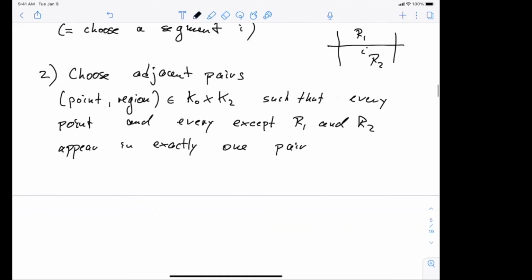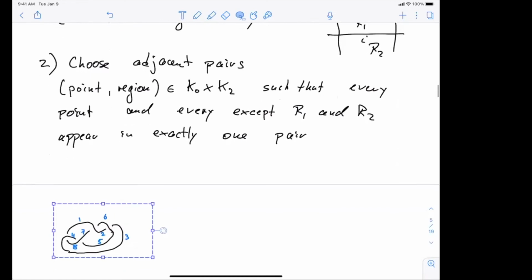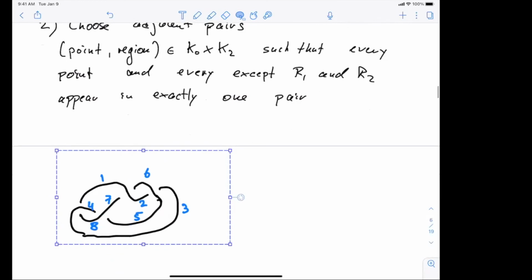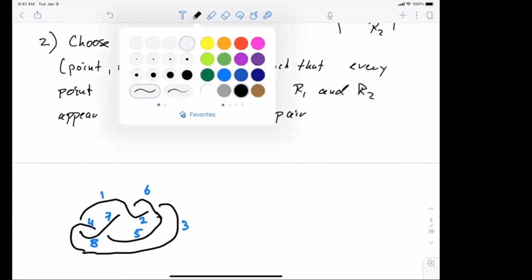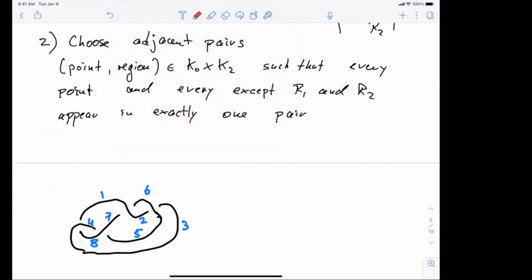Okay, so for example, if I use again I equal to 1, so I don't want the two regions that are adjacent to 1, but use these pairs, for example.